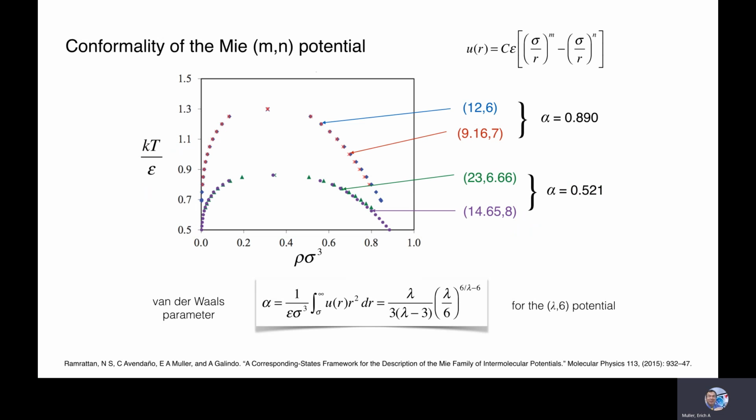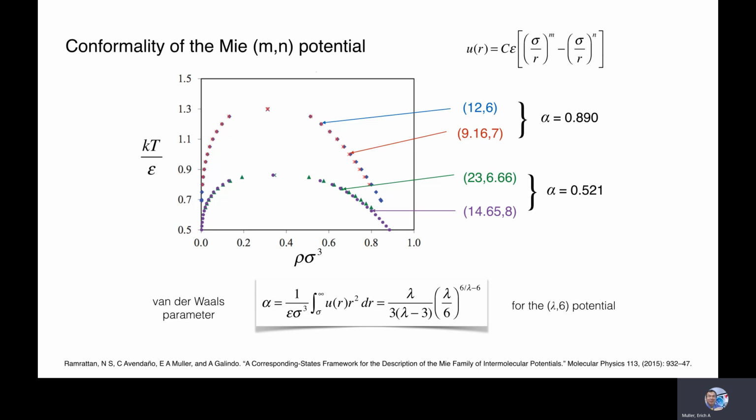The Mie potential, which is the basis of the SAFT model, is actually a conformal potential, meaning that different sets of exponents, m and n, in the equation produce exactly the same result. What this basically means operationally is that we can fix one of the exponents in the Mie potential.